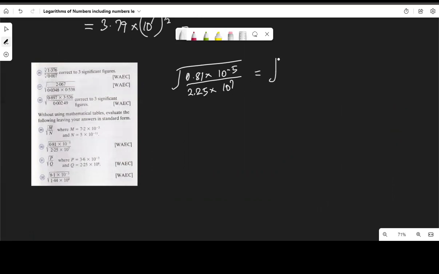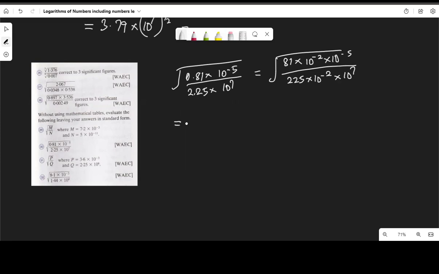This will be square root of 81 times 10 to the power of, moving this decimal point in 2 places, which is minus 2, then times 10 to the power of minus 5 all over, again I'll do the same thing here, I'll move it in 2 places, which is 225 times 10 to the power of minus 2 and 10 to the power of 7.